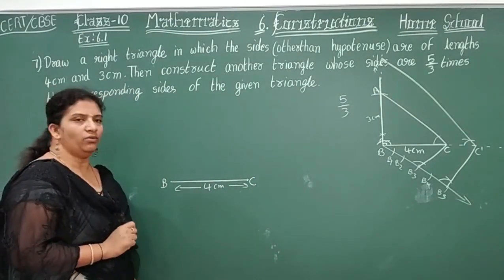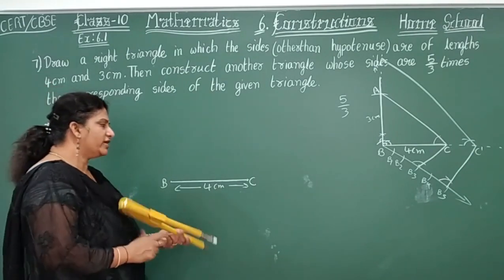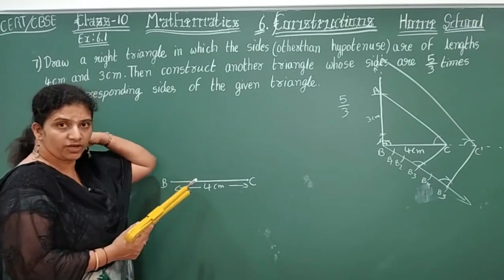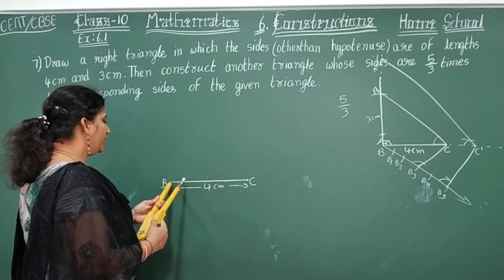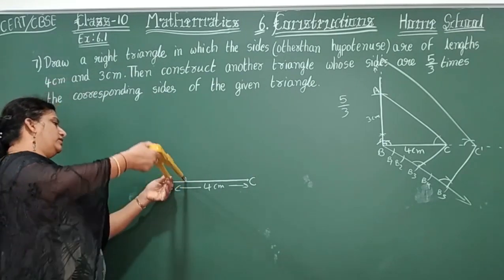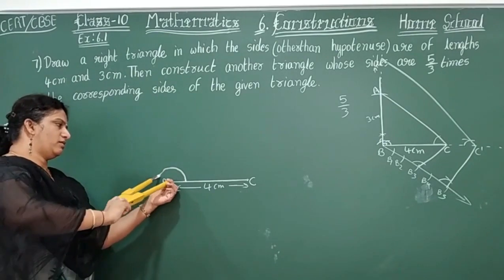Okay. Now, I need to draw a perpendicular. How will you draw here, children? So, from B point. Draw an arc. Okay.